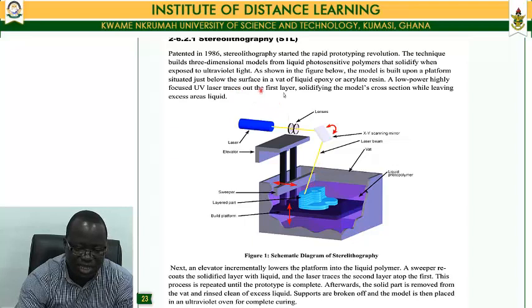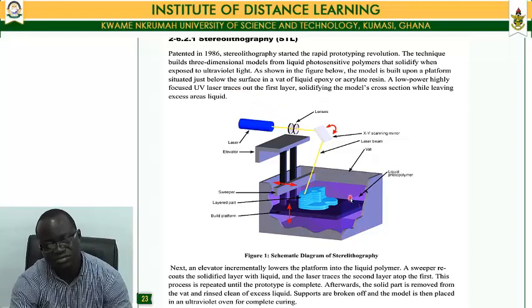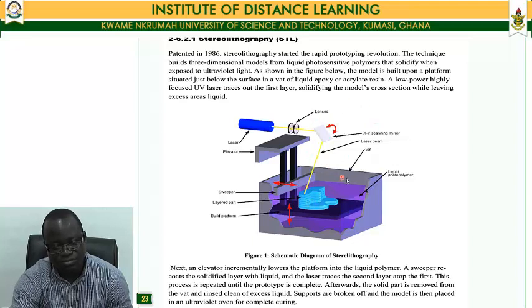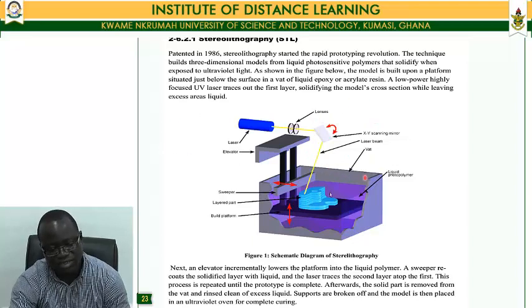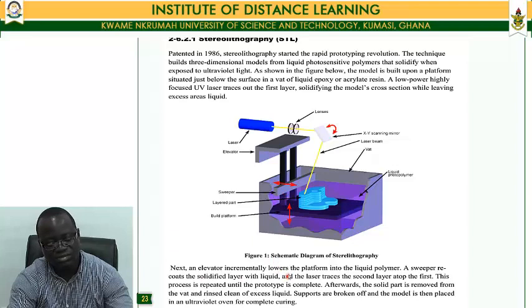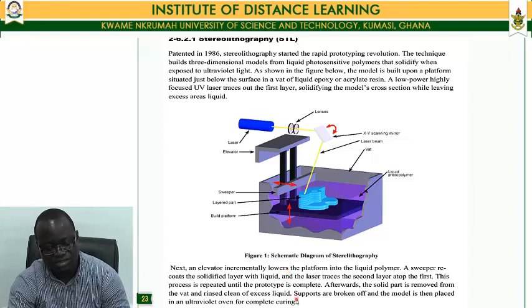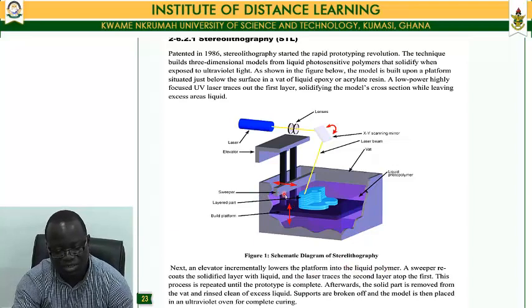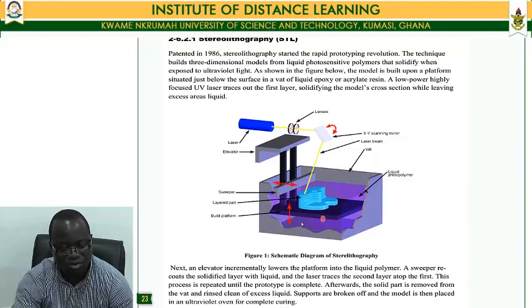Then it traces out the first layer from the STL file, layer by layer, and solidifies the model cross section, leaving the excess liquid. Then an elevator lowers the platform into the liquid polymer, and the sweeper comes to sweep or recoat the surface with the liquid.